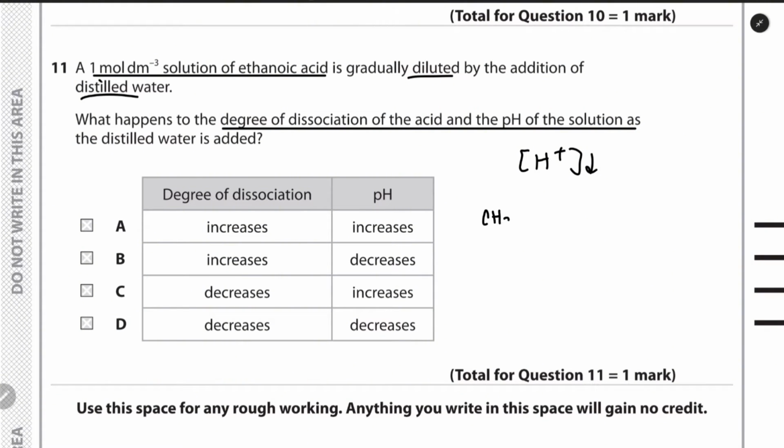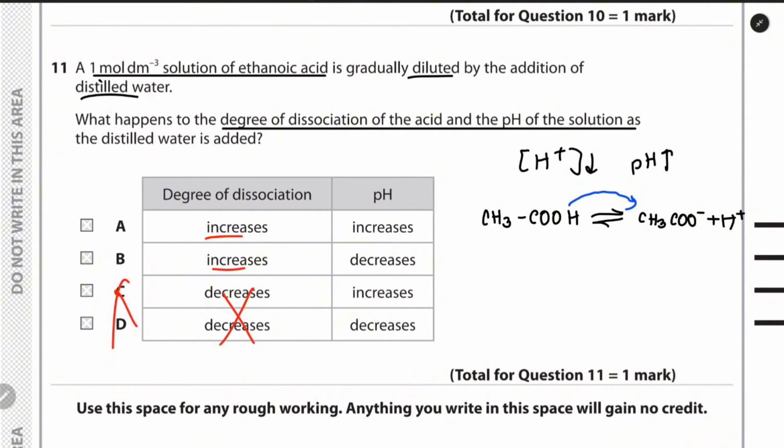So the dissociation of ethanoic acid, which is this reaction over here, since the concentration of H plus decreases, this equilibrium will shift to the right. So the degree of dissociation will increase. C and D are not the answers. Also, since the concentration of H plus is decreasing, the value of pH will increase, since a decrease in hydrogen ion concentration causes an increase in pH. So A is our answer for this question.